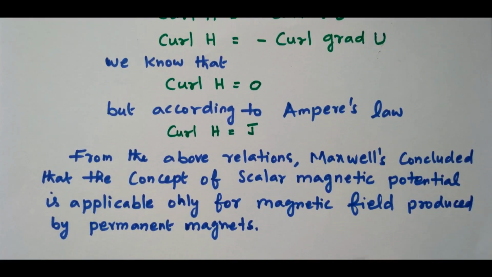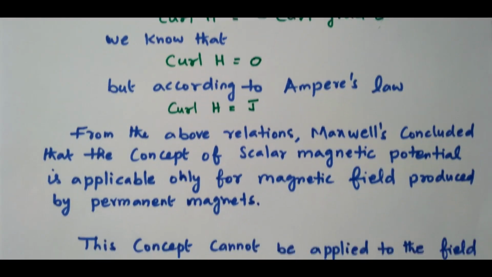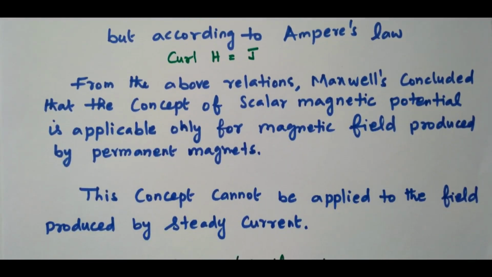So from the above relation, Maxwell concluded that the concept of scalar magnetic potential is applicable only for the magnetic field produced by permanent magnets, not an electromagnet. So this concept cannot be applied to the field produced by steady current.